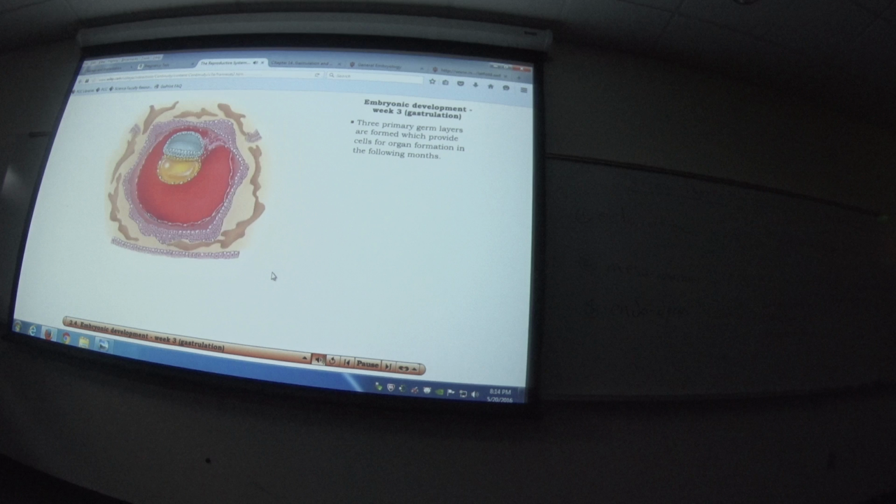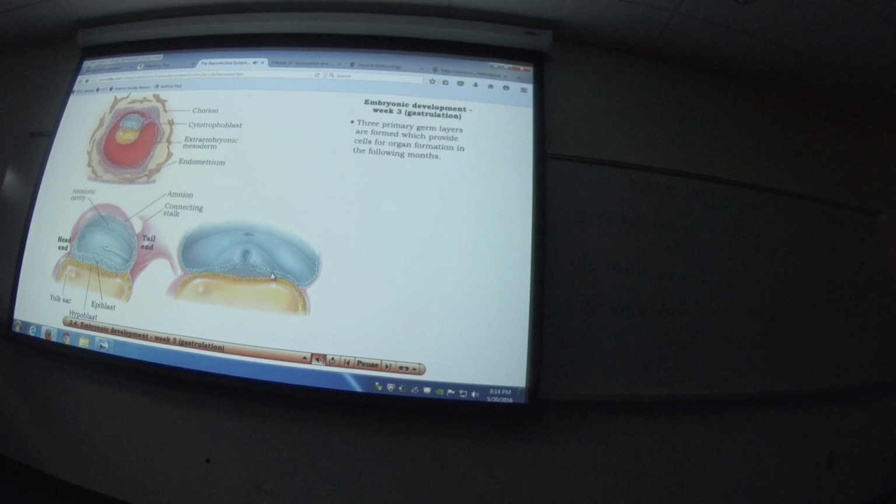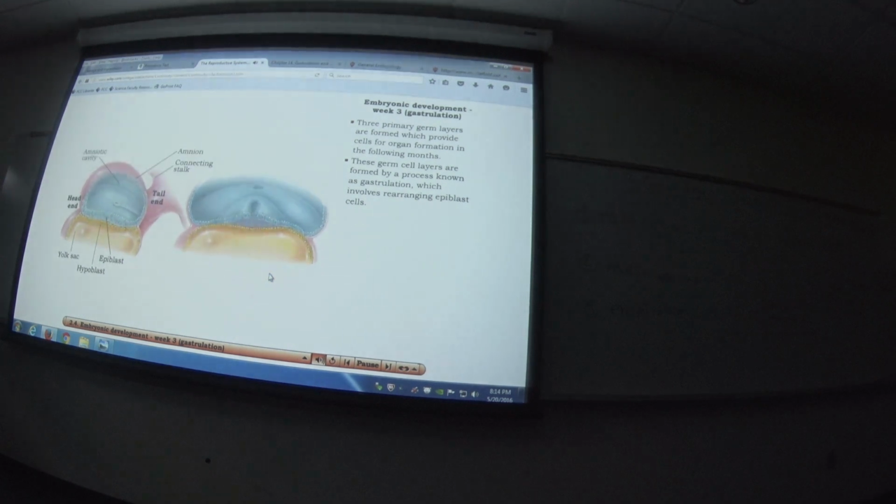During the 3rd week after fertilization, the 3 primary germ layers are formed, which provide cells for organ formation in the following months. These germ cell layers are formed by a process known as gastrulation, which involves rearranging epiblast cells.